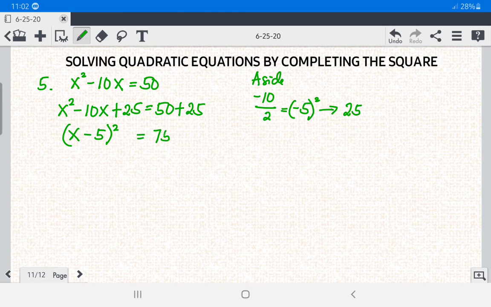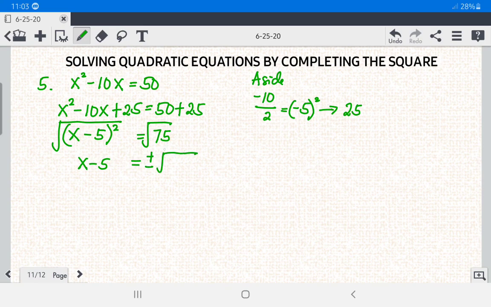The next is we have to apply the square root property. Getting the square root of both sides, we have the square root of (x minus 5) squared, so we have x minus 5, equals the square root of 75. So we have positive or negative square root of 75, which is not a perfect square.